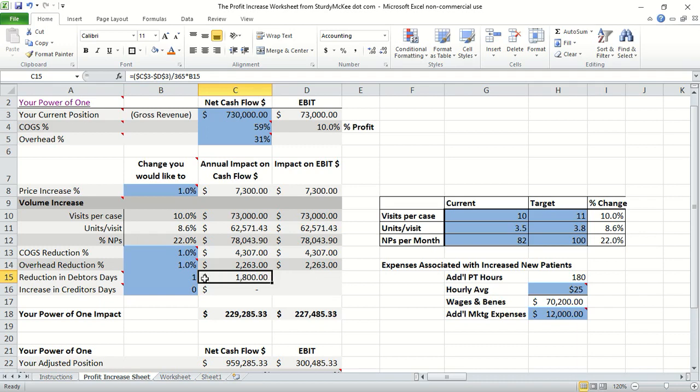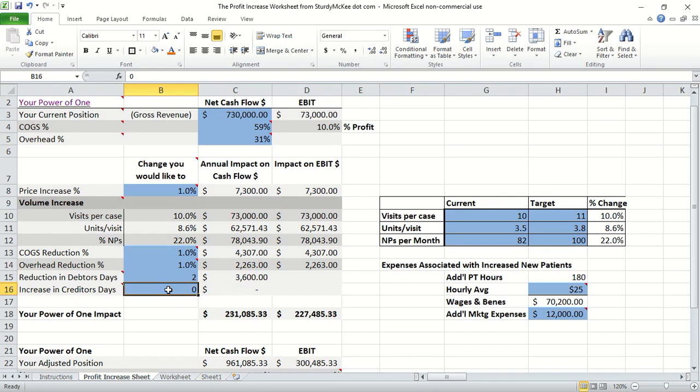That means there's $1,800 in your bank account that you wouldn't normally have there. It doesn't increase your overall revenue. You're just getting it earlier. But let's say you could decrease by 2 days, your age of accounts from 33 to 31 days. That's an additional $3,600 in this scenario in your bank account that you can use or have access to.